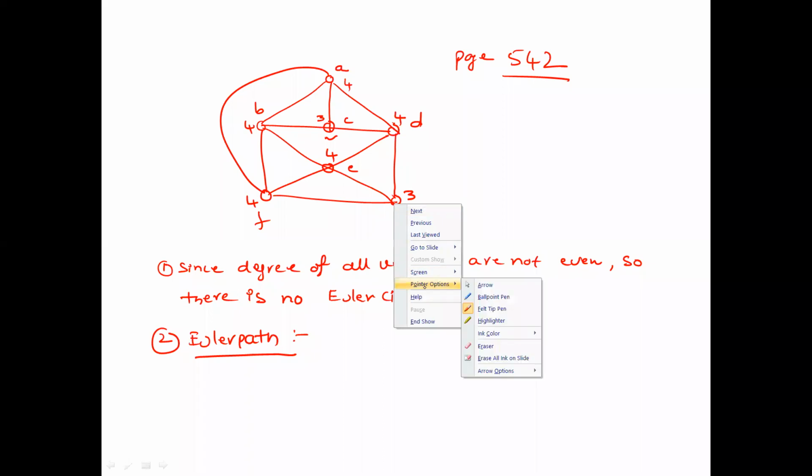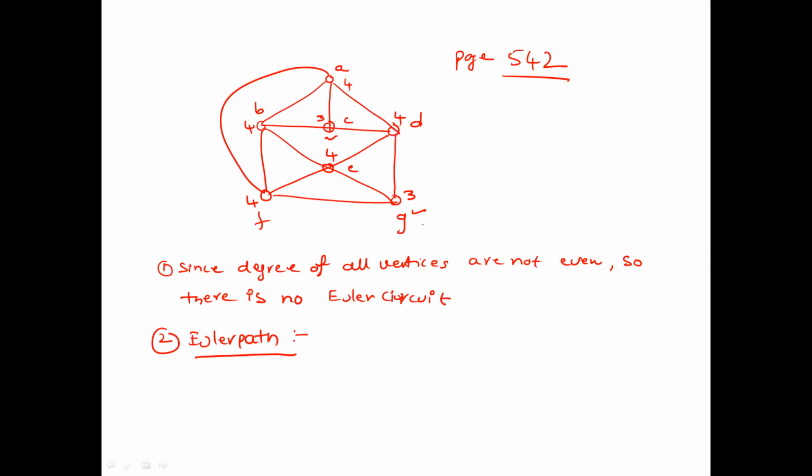Can anyone want to try? I'll give you 1 minute. Just try on your page and tell me the path. Let me write. C, D, C, D. Okay, let me cut. C D, then A, B A. Let me cut that.